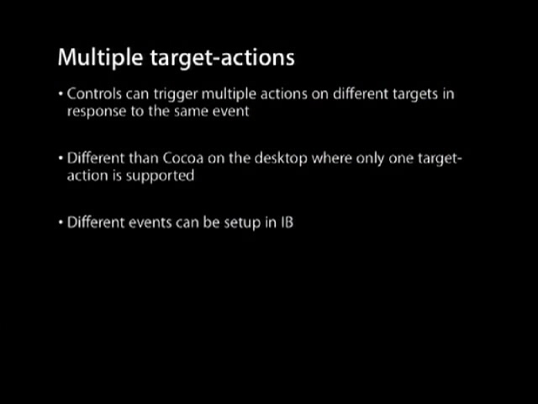So I could say, when I get a touch down, call this method, and when I get a touch up, call another method. Again, through Interface Builder, you're just dragging these arrows, and it's going to ask you which ones you want to hook up. This is different than on the desktop, where you can only have 1 target per control. And each of these is set up in Interface Builder.